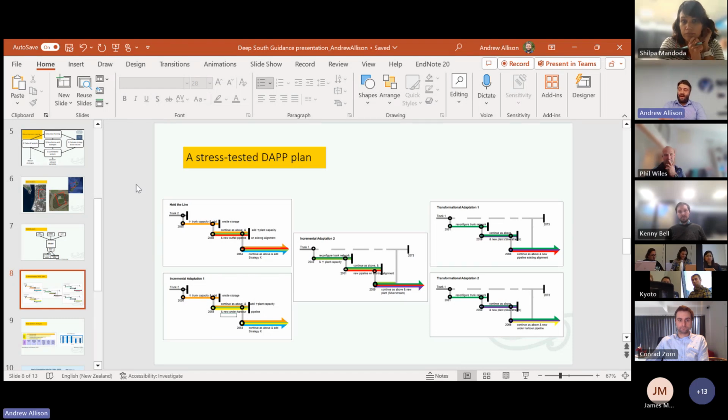That may go counter to what a DAP is, a dynamic plan, but it's also a useful finding in itself, because it shows that some of the other actions that were proposed in that DAP plan were not actually fit for purpose. They weren't robust and they weren't actually going to be functional under a full suite of climate and influence scenarios.